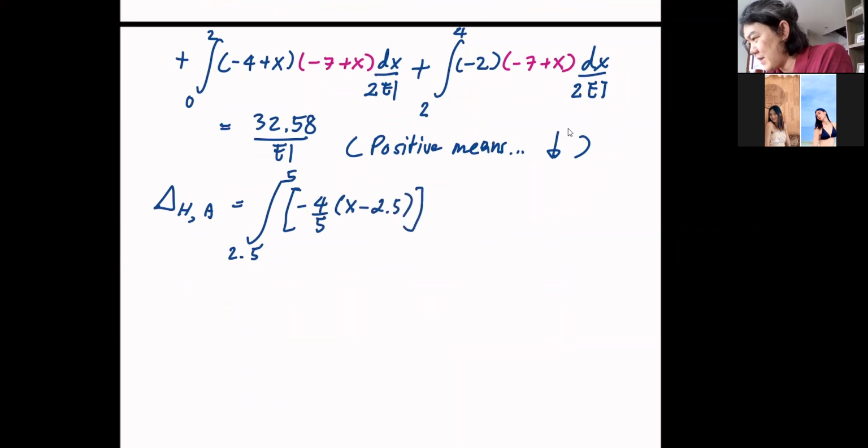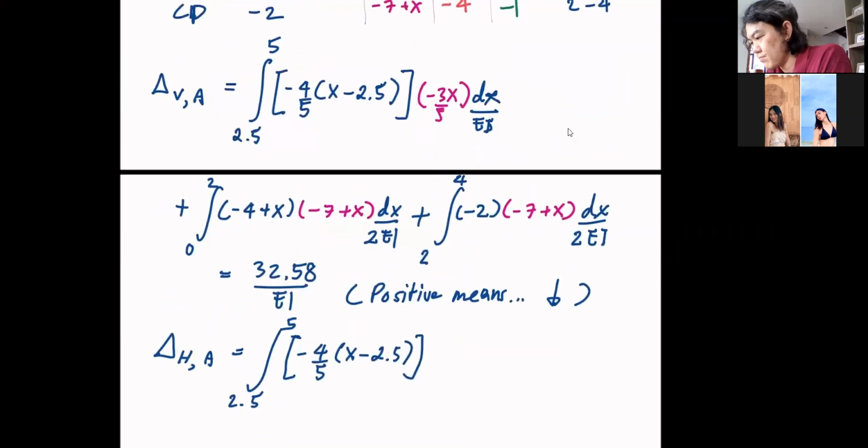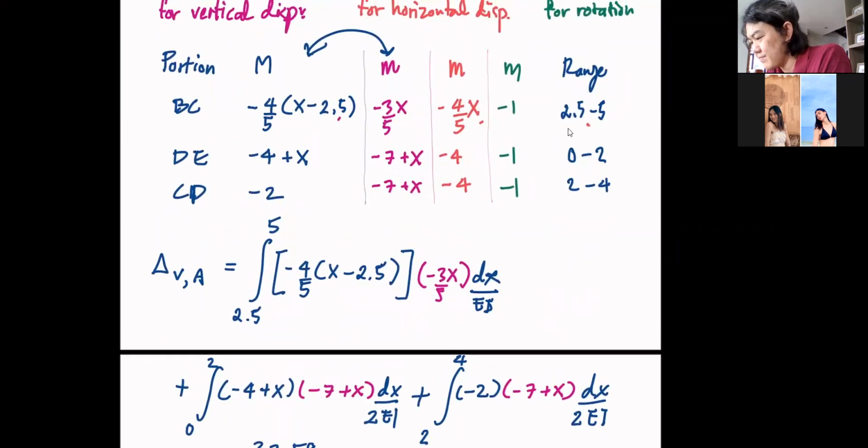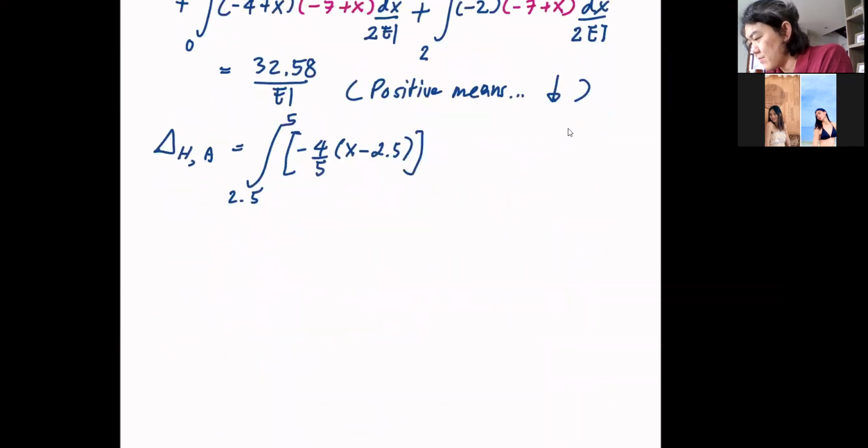This time it is going to be this one right here. So it's minus 4/5 of x, the negative value. Then this is dx over EI.